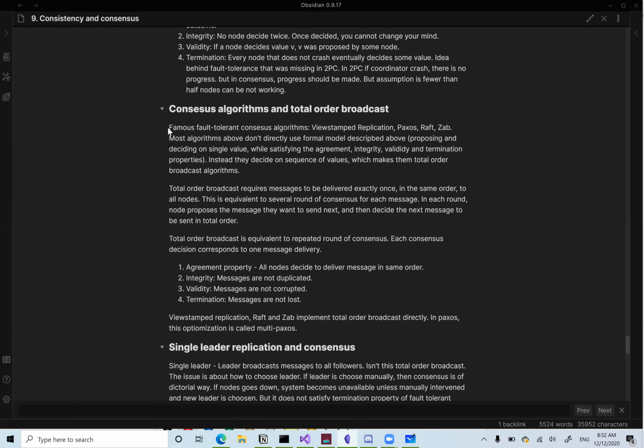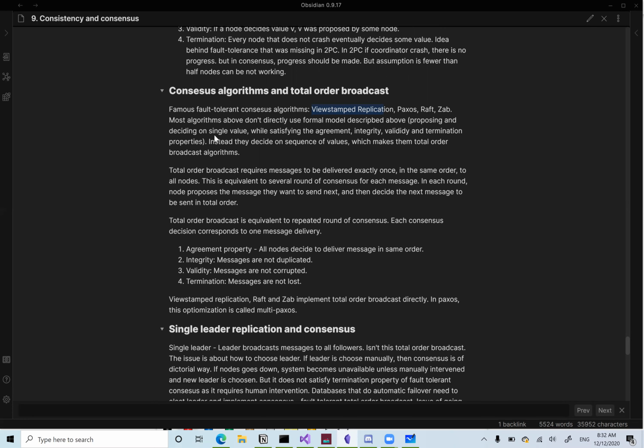So these are some famous fault tolerant consensus algorithms: Viewstamped Replication, Paxos, Raft, and ZAB. Most algorithms above don't directly use the formal model described above, proposing and deciding on a single value.